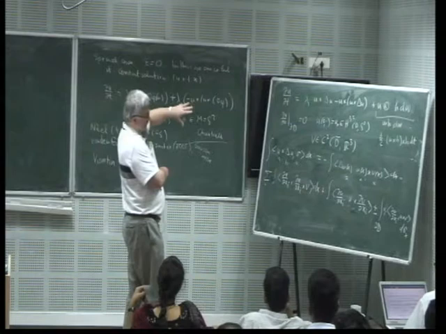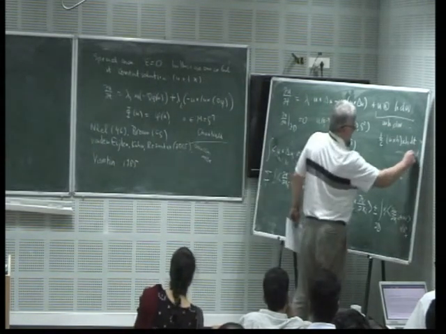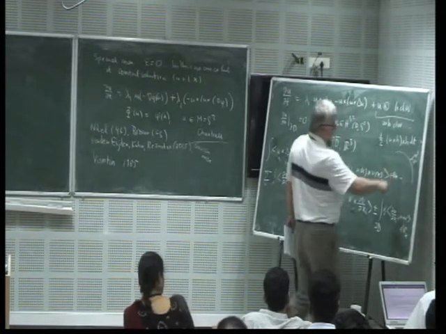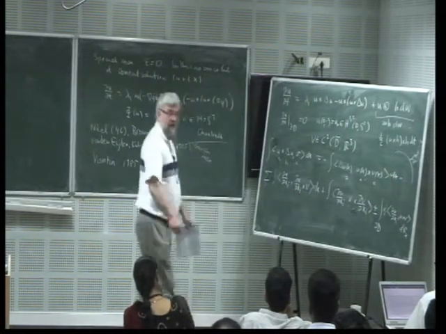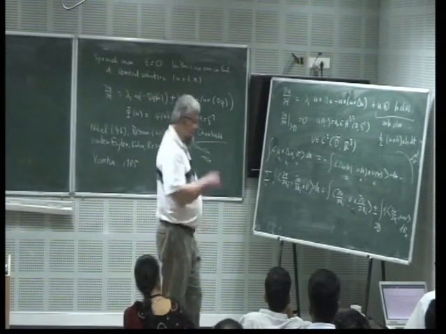So nu is the normal vector field, as in the Stokes theorem, and nu i's are just coordinates of nu with respect to the normal basis.